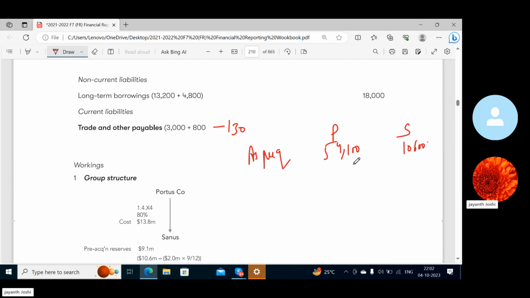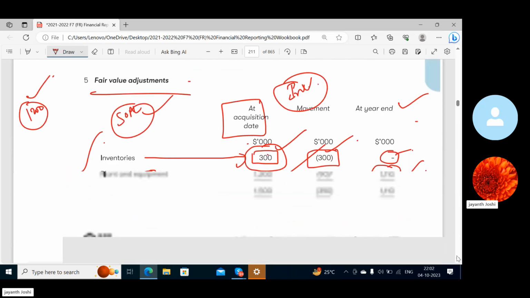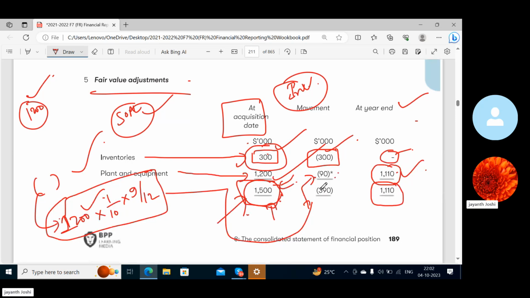And from this we will remove the fair value movement 390. Why will we remove the fair value movement? Because this is the fair value adjustment. At the end of the year, what are the retained earnings or reserves? We want that. The movements we have already calculated here. At the year end, the movement adjusted from this 1500, the fair value adjustment at the year end, is seen here.